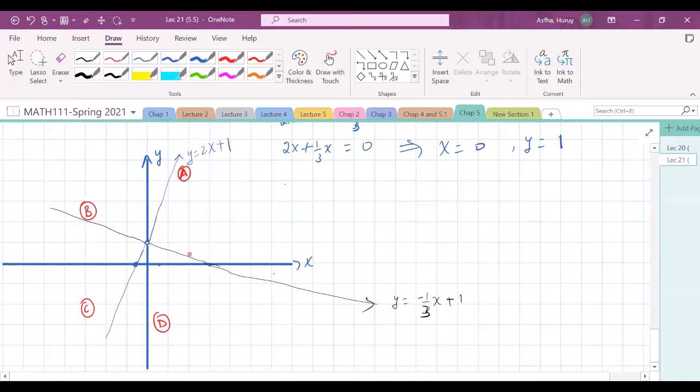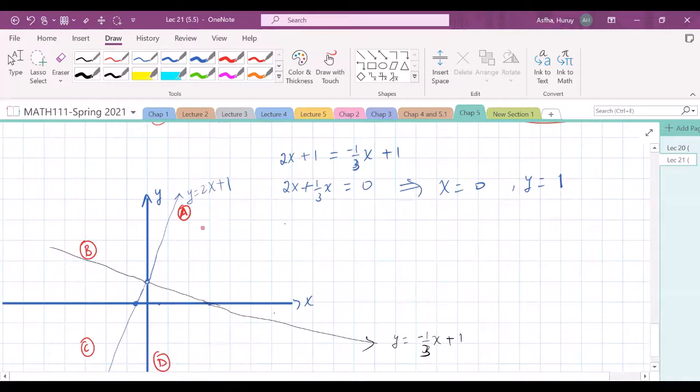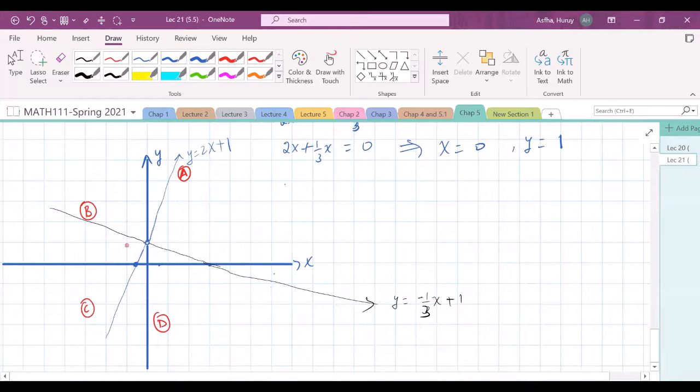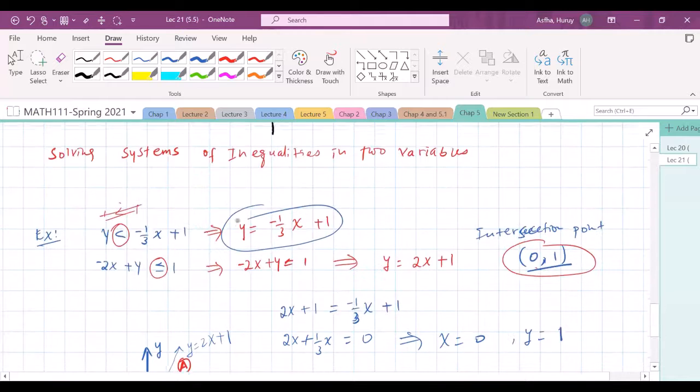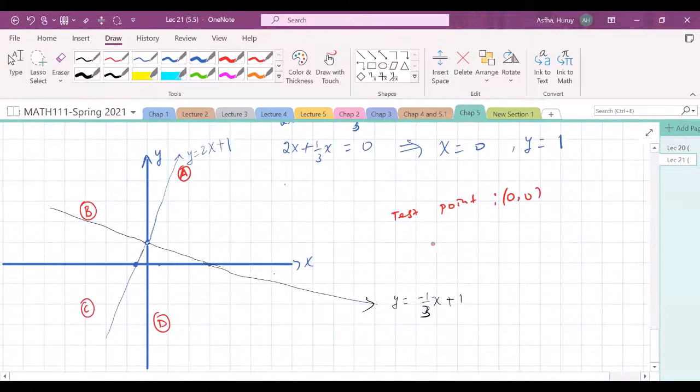Now, for this equation, let's pick one point from the above or below side. We can pick the below side, which is (0, 0). So if we take the test point (0, 0) for this line, originally the inequality was y less than -1/3 times 0 plus 1.